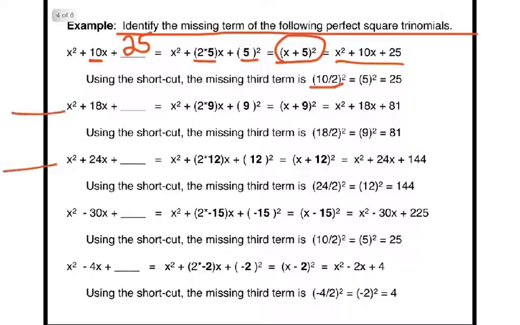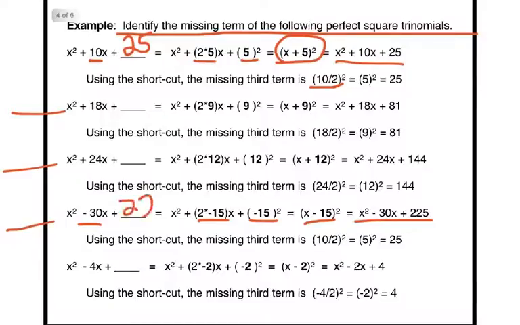Do these on your own, and let's try one with a negative. So, negative 30. Half of negative 30 is negative 15. And so the middle term is double negative 15. The last term is negative 15 squared. And so the term inside the binomial is negative 15. And our full trinomial, therefore, is x squared minus 30x plus 225.